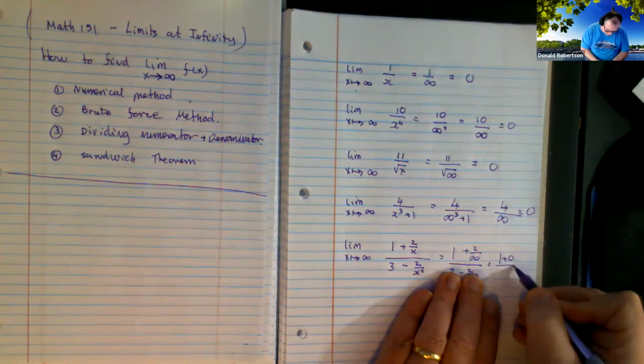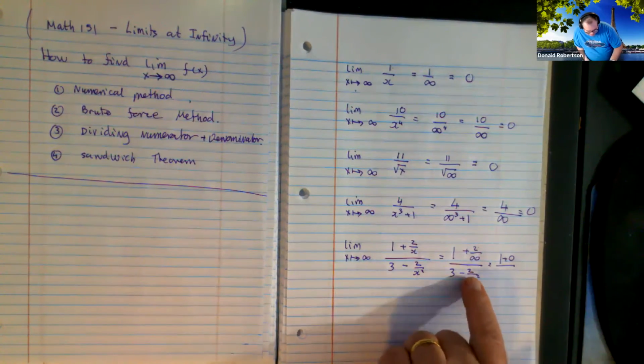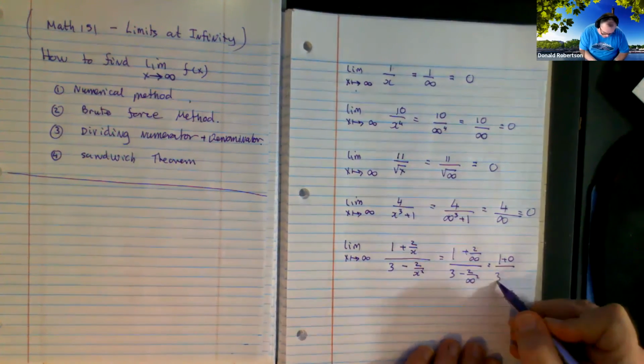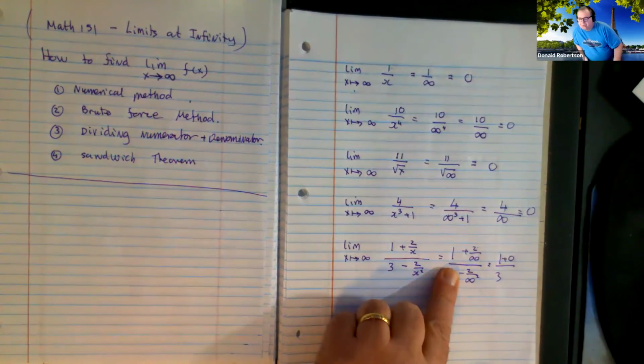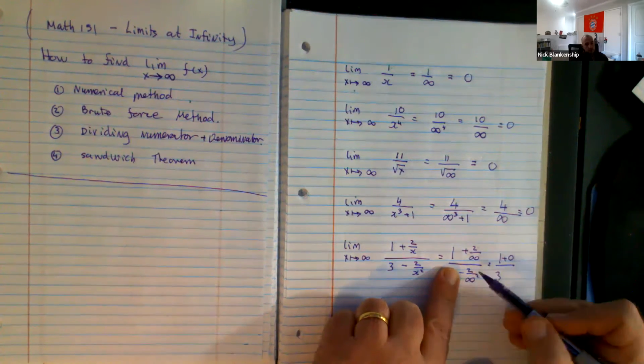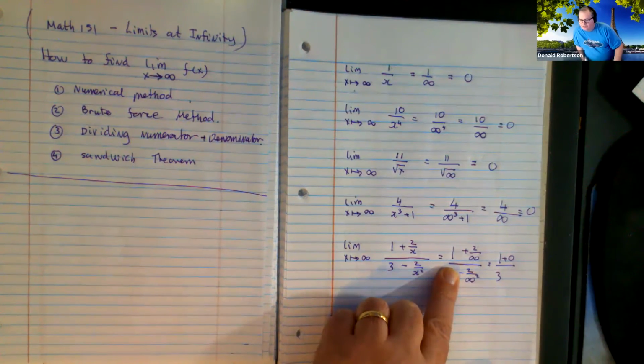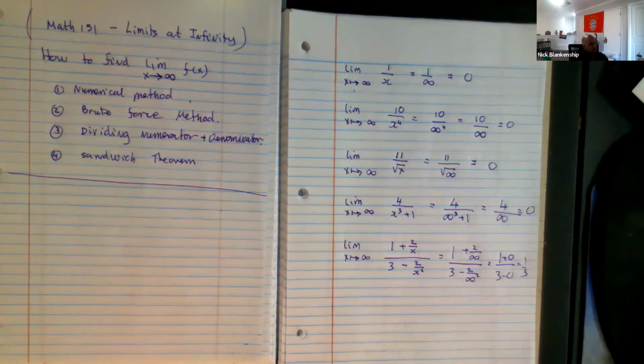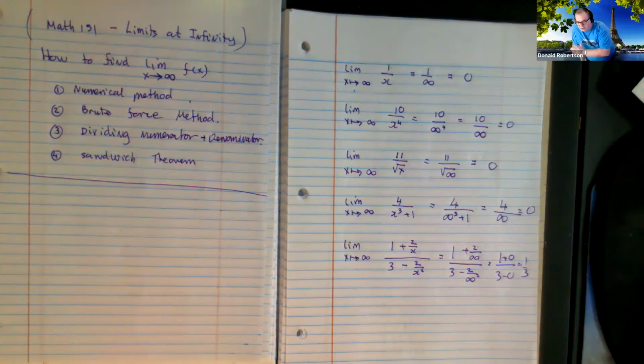So the top is 1 plus 0. What would negative or take away 2 over infinity squared get me? 2 on the top divided by infinity squared, just 0. And so wouldn't the answer here be a third? Just to show you, you don't always get 0 when you do brute force, right? There are situations. Here's one.